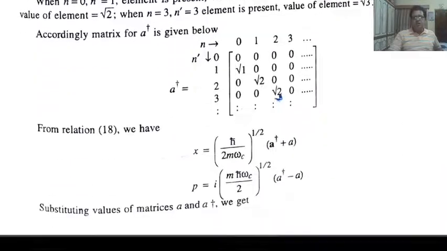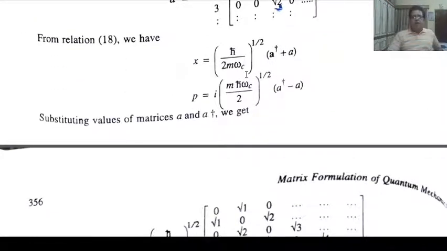From this relation, you can compute the value of x and p in terms of a and a dagger. x equal to under root h bar upon 2 m omega, bracket a dagger plus a, and p equal to iota under root m h cross omega upon 2, bracket a dagger minus a.